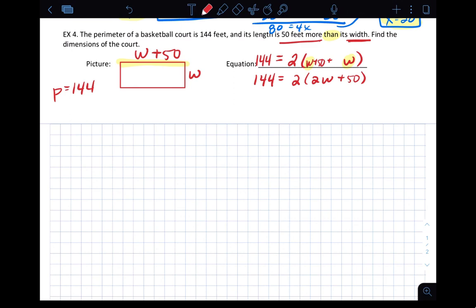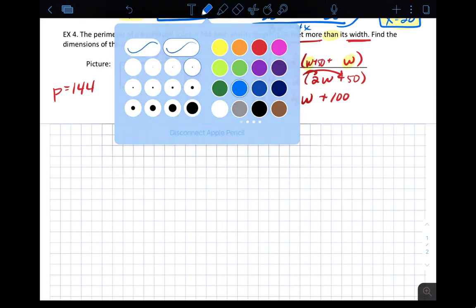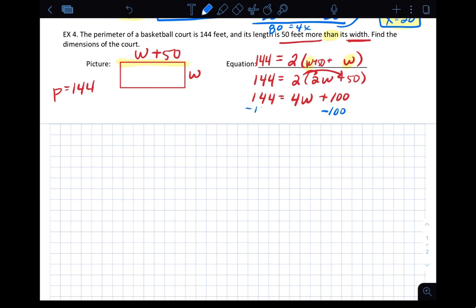That's a really great equation if you wanted to write that in the blank. Or you could also write 144 and distribute in that 2 and get 4W plus 100. I'm going to go ahead and quickly solve this so we can find out what the width is.